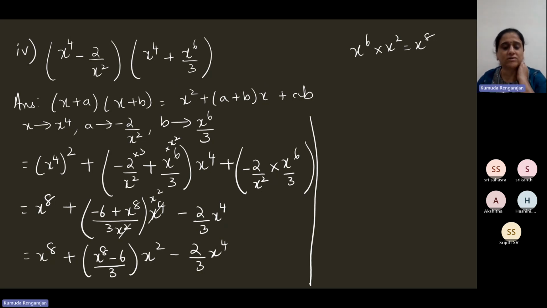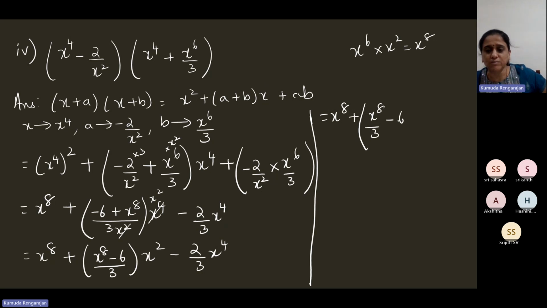Now open the bracket. So it will be x power 8. For the sake of convenience, you can write it like this: x to the power 8 by 3 minus 6 by 3 x squared minus 2 by 3 x to the power 4. You understand what I've written? Yes, ma'am.